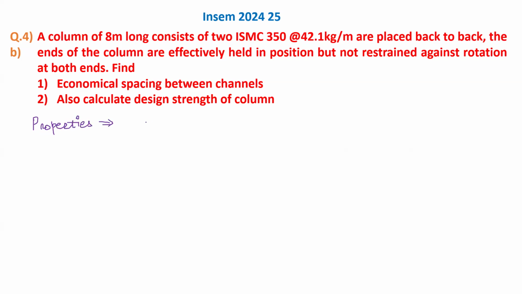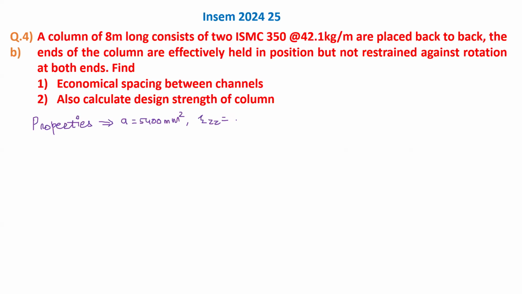So we have properties: A is 5400 of single channel. Then we have RZZ 136 millimeter, RYY 28.2, CYY 24.4.